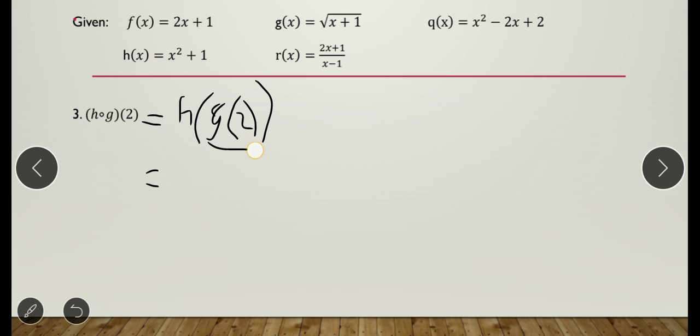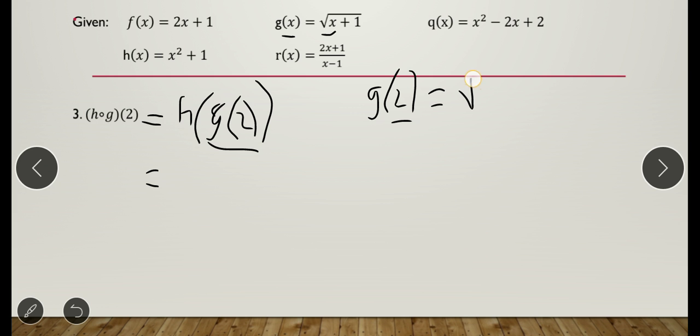So we have here g of 2. If you're going to write that on a separate sheet of paper, we have here g of 2. Now since we're dealing with the g function, then we have to base on the g of x, square root of x plus 1. Now our argument here is positive 2, which is the x value. This is now the value that we are going to substitute on our x inside the square root.